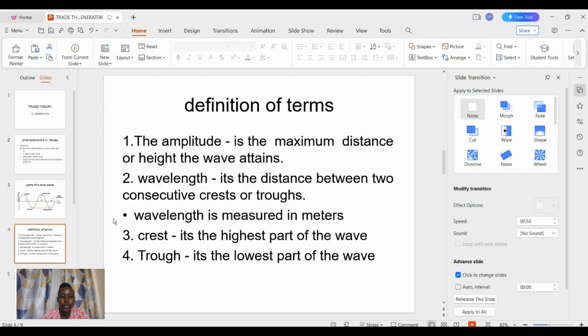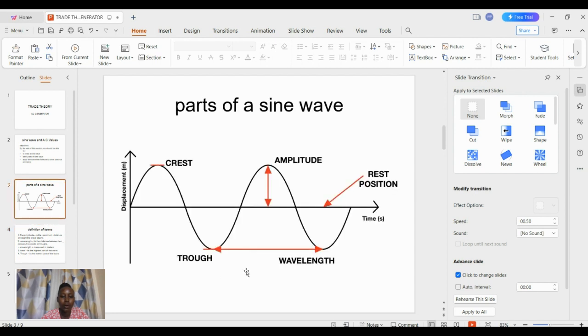Let's check on the second definition. The second definition is wavelength. Wavelength is the distance between two consecutive crests or troughs. Let's check on the graph. The distance between two consecutive troughs or crests is from this point here to the next point here.